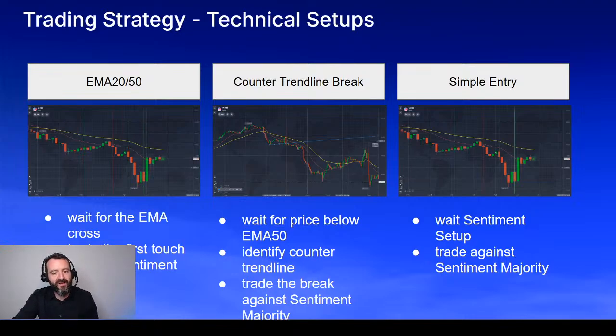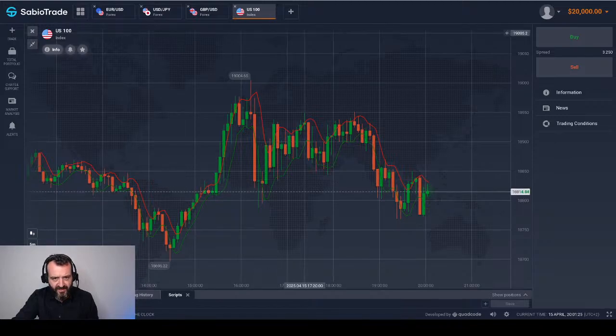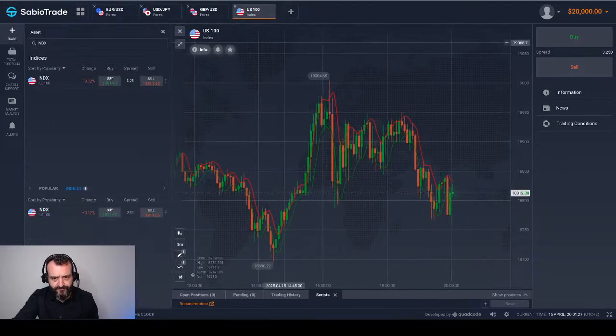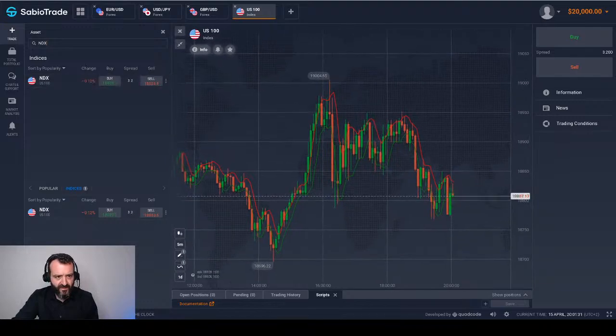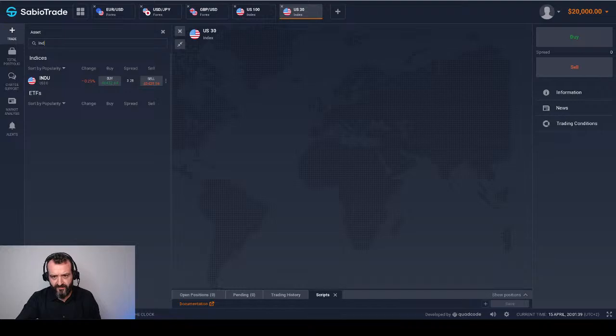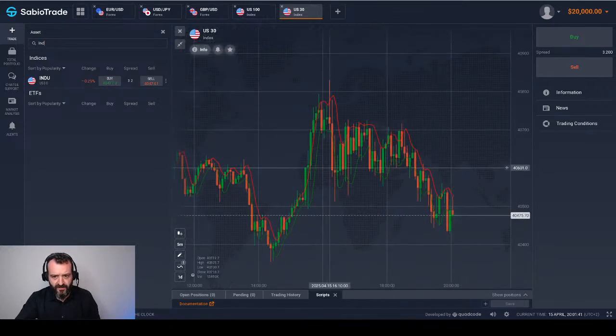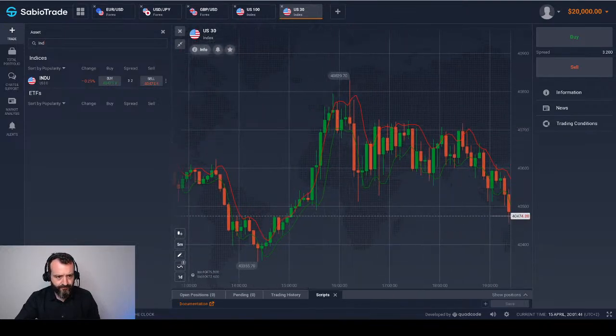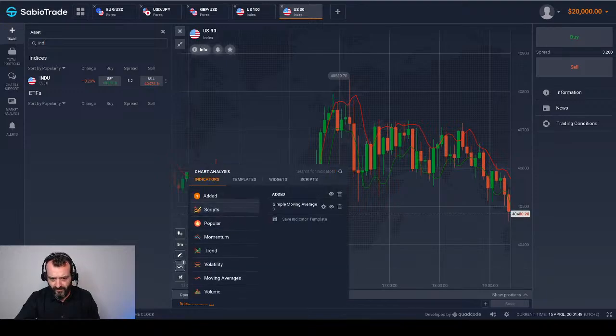So how does it look in a chart? Let's maybe take another one. NDX is open, we have it already, so let's quickly take the US 30, the Dow, I think, exactly. So then we are putting in the indicators.